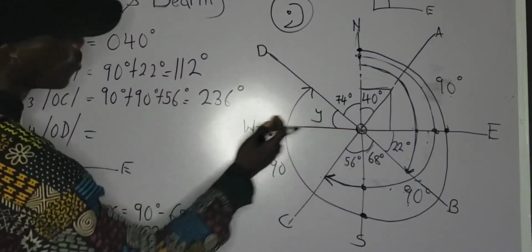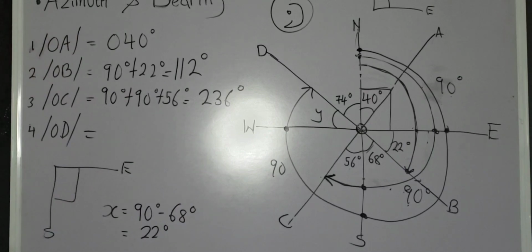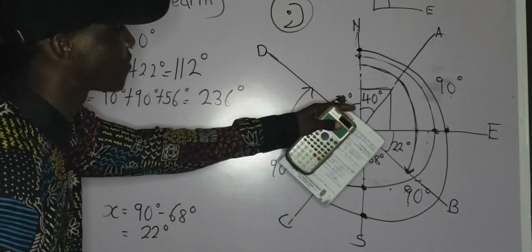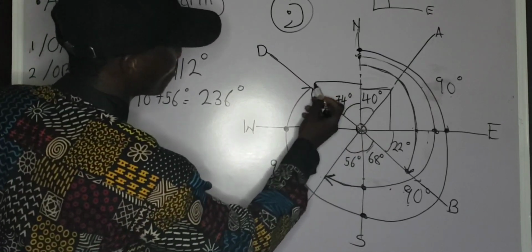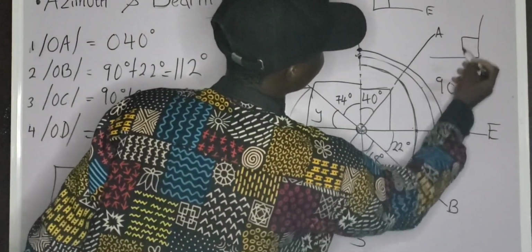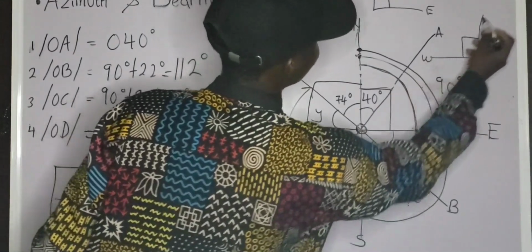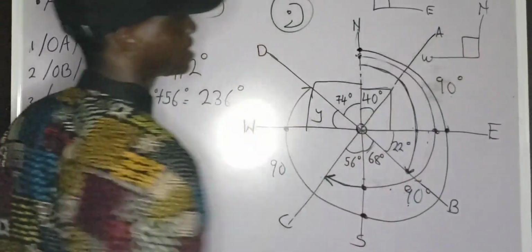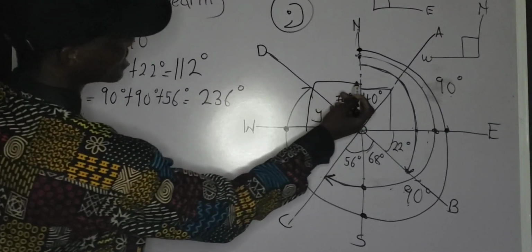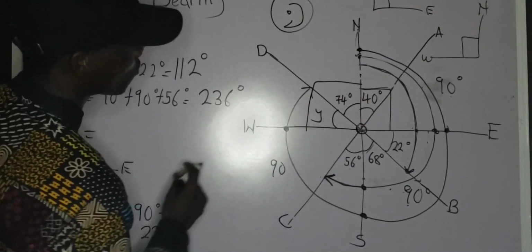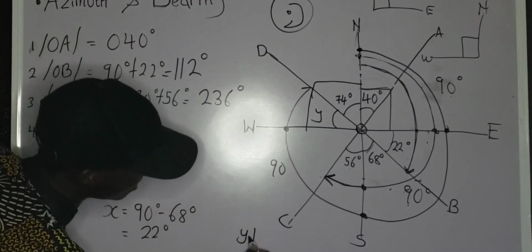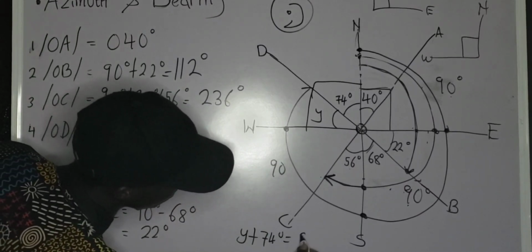In order to get this angle, what will I do? I'm going to subtract 74 degree from 90, because the sum of this angle is 90. Just like if I have something like this. This is west, and this is north. This is angle 90 degree. In your basic mathematics, just remember, okay? In order to get the value of y, don't forget that y plus 74 degree is equal to 90 degree.